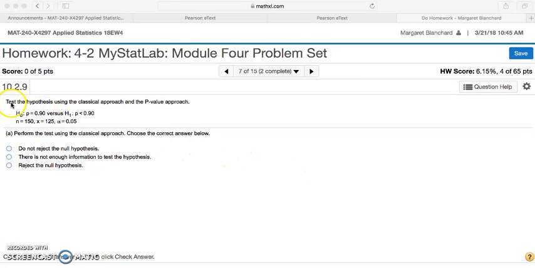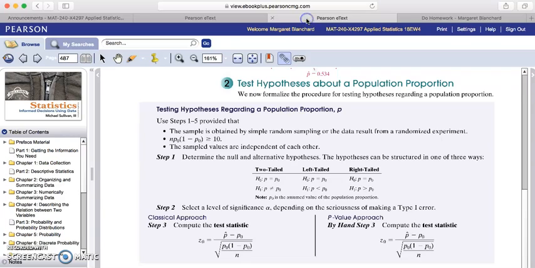As you can see here, it says test the hypothesis using the classical approach and the p-value approach. First we're going to go through the classical approach and then the p-value. Really quick, let us look at the two approaches in the little table that I included in the weekly announcement. It's on pages 487 and 488 of the textbook.